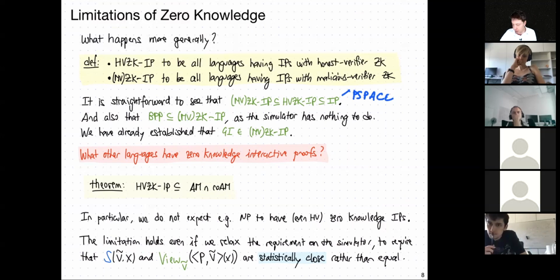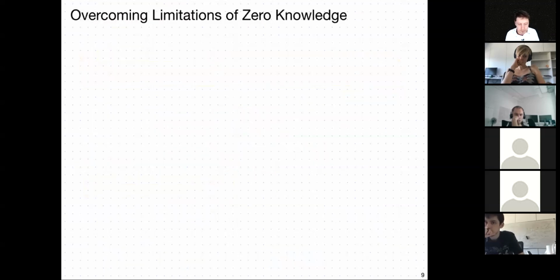As opposed to perfect simulation, statistical simulation. So again, I'm not talking about this theory; I will say a little bit about it later, as high-level intuition. But the point is that whatever is inside this intersection is not believed to be NP-complete, because if it were, then weird things happen in complexity theory. And so that's a problem.